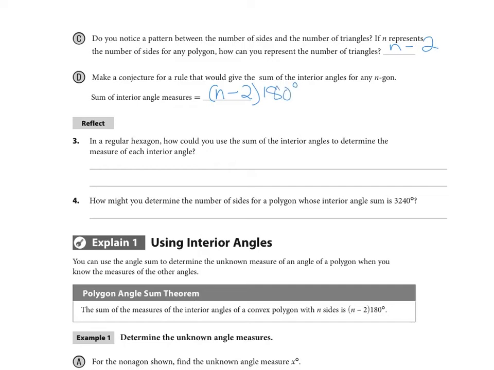Let's reflect a little bit. In a regular hexagon, how we could use the sum of the interior angles to determine the measures of each interior angle. Focus there on the word regular. If it's a regular hexagon, remember, that means all of the angles are the same size.